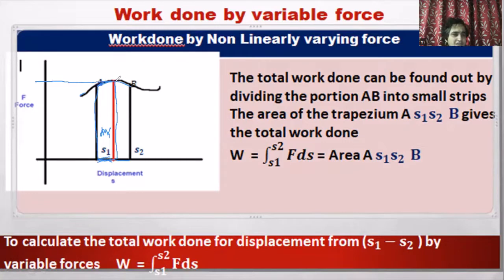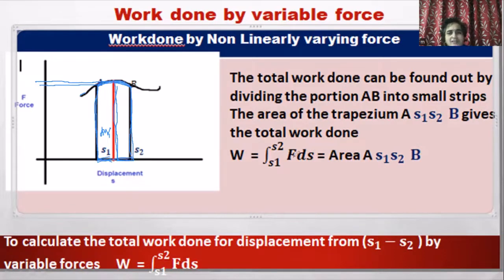When the force is changing like this, we will consider this as the value of the force and displacement is this. So dW2 will be force into displacement, this displacement, it will be this area. So total work done dW1 plus dW2 will be this area, that is area under the curve.